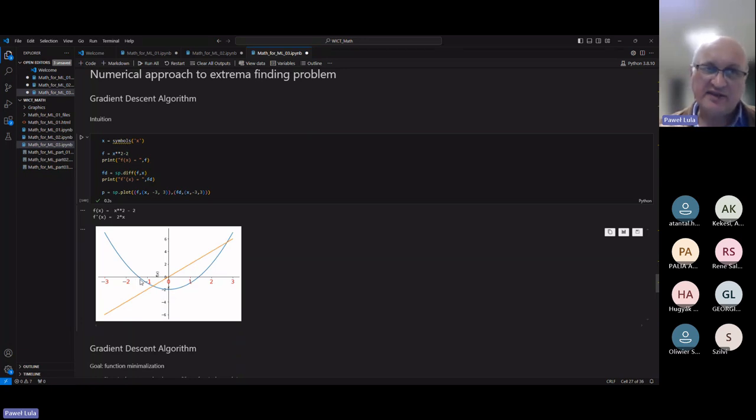I should make a small step in the right direction. The gradient was negative here, is negative here. Negative direction is here, and positive is here. So I should go in the direction which is opposite to the direction defined by the first derivative.